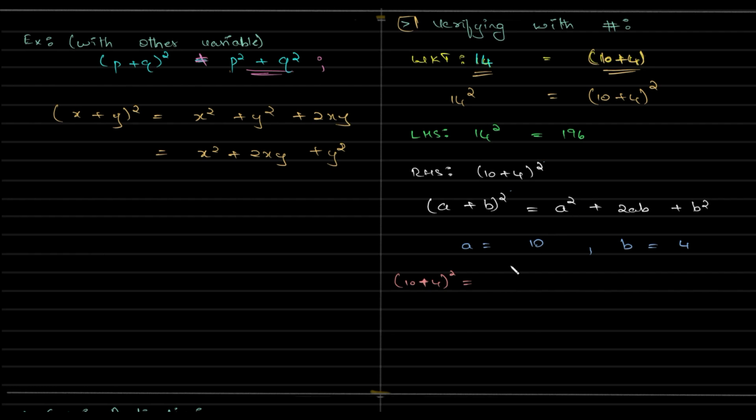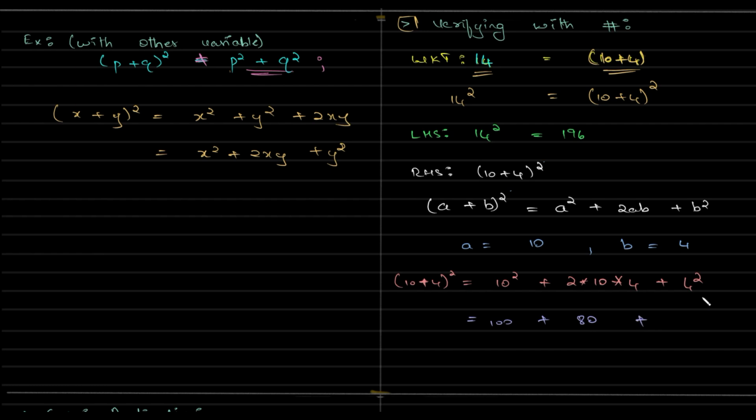Okay, stop smiling, look at the screen. 10 square plus 2 into 10 into 4 plus 4 square. Now, out loud again. What is 10 square? 100. 2 into 10 into 4.